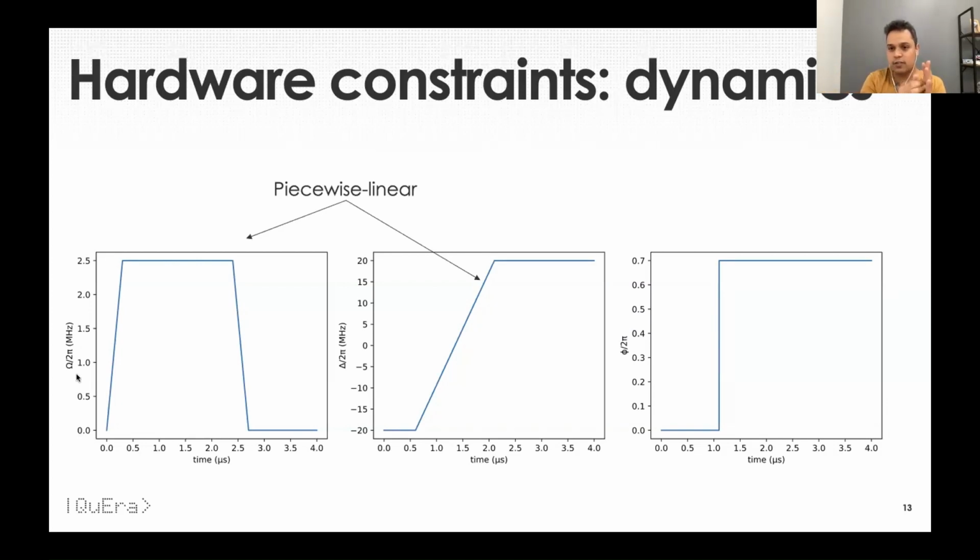The resolution of those piecewise linear functions is such that you can be quite flexible, and you can make, for example, sinusoids with many oscillation patterns within our coherence time, which we'll talk about in a moment. But everything is defined in piecewise linear functions. So if you generate a smooth sinusoid on Blockade and you export it to Aquila, the exporting process will break that sinusoid down into a piecewise linear function. It's going to kind of polygonize it in some way. So this is something to be aware of.